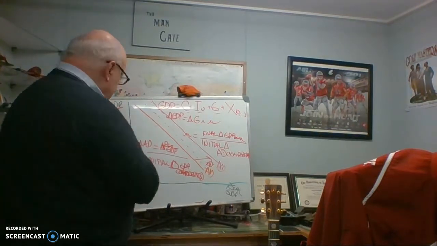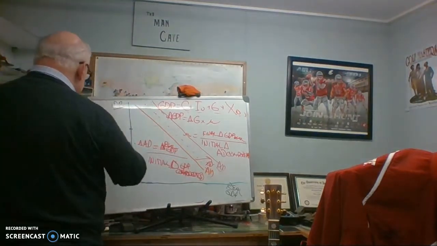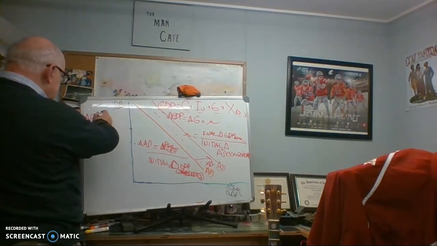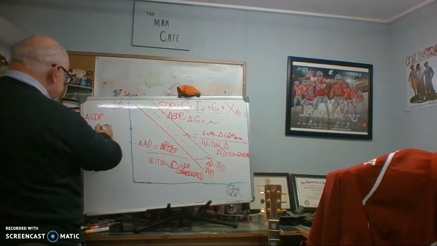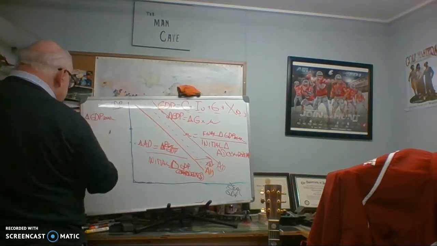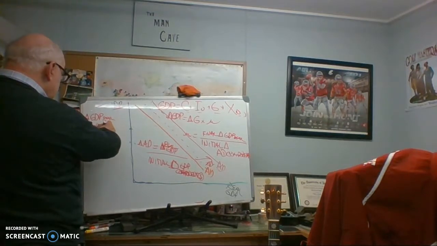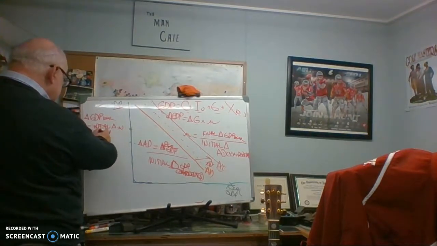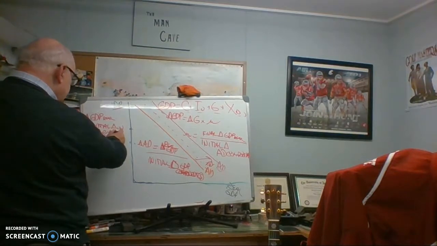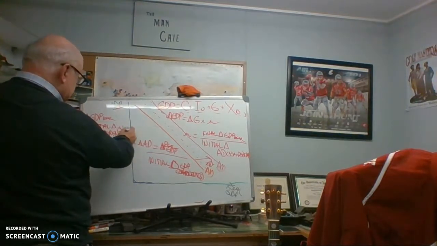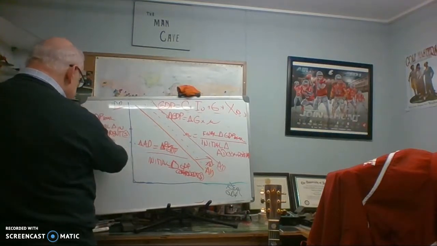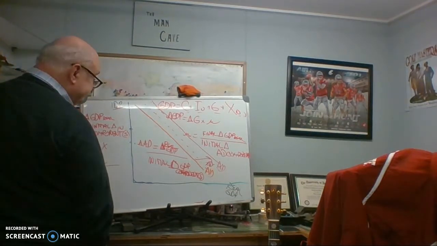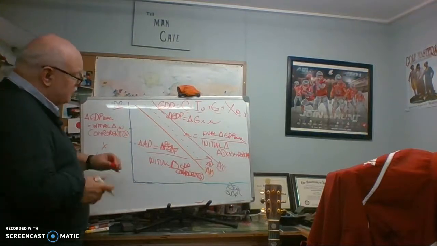So essentially, the resulting total change in real GDP equals the initial change in the GDP component, or possible components, times the multiplier. Okay? And this works in reverse.